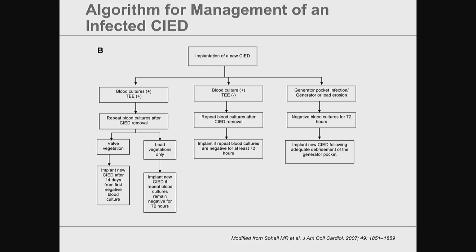In summary, you want to wait at least 72 hours after you remove the device and have negative blood cultures before implanting it, unless you have a valvular vegetation, and then it's recommended you wait 2 weeks. These recommendations may or may not change or evolve as we are now placing more leadless pacemakers.